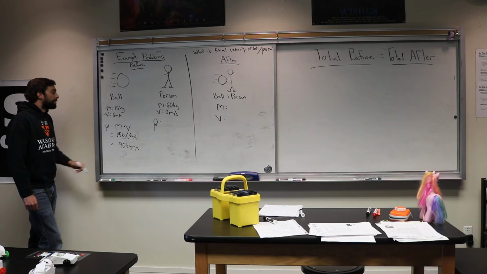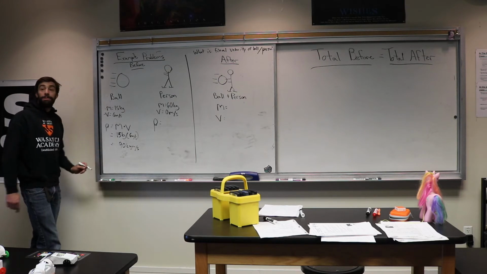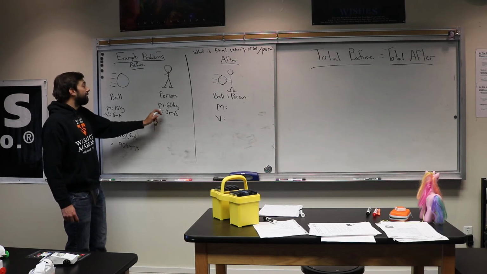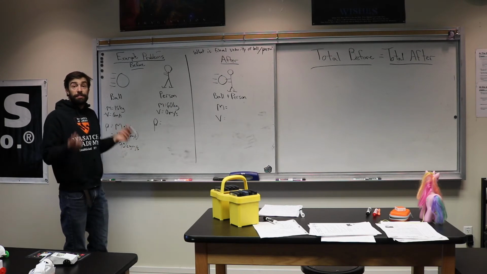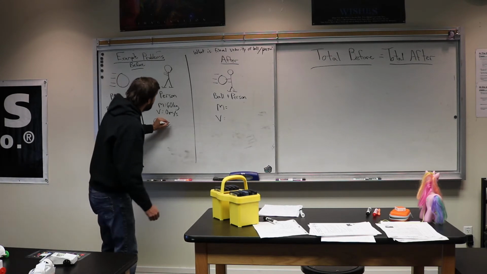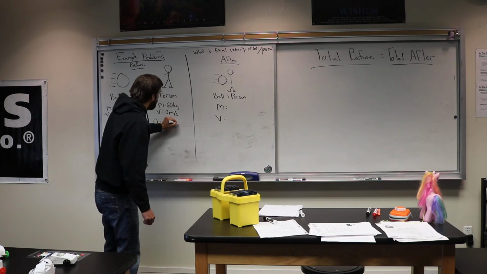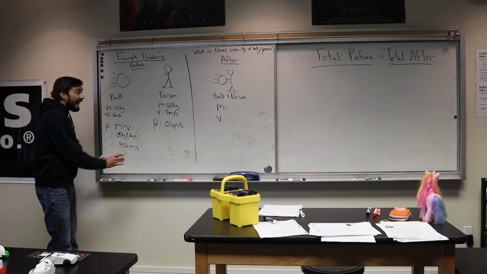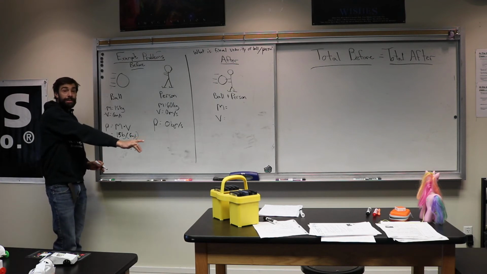That is the momentum of this object. The momentum of the person is m times v. 0 times anything is 0, so we have 0 kg m/s. Now let's stop there and go to the other side.